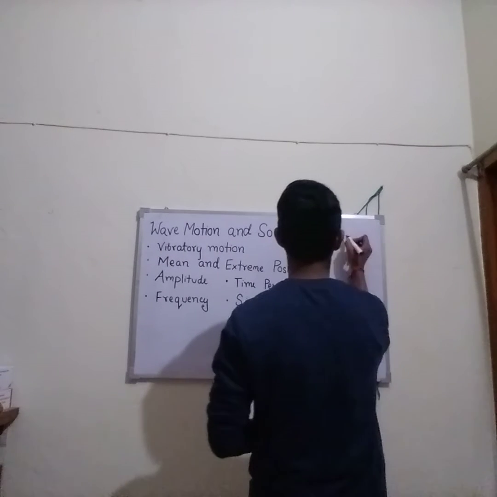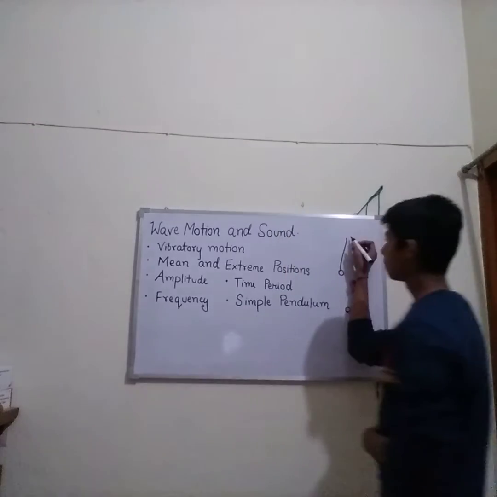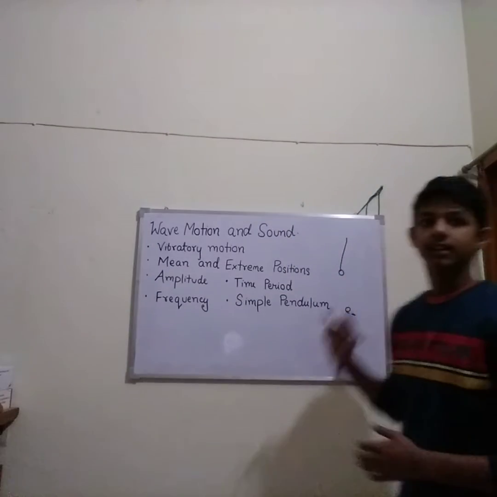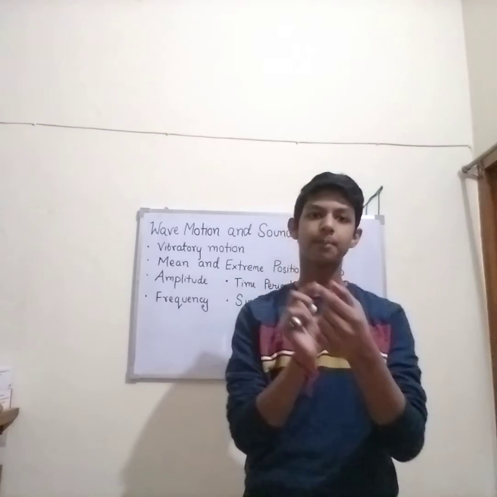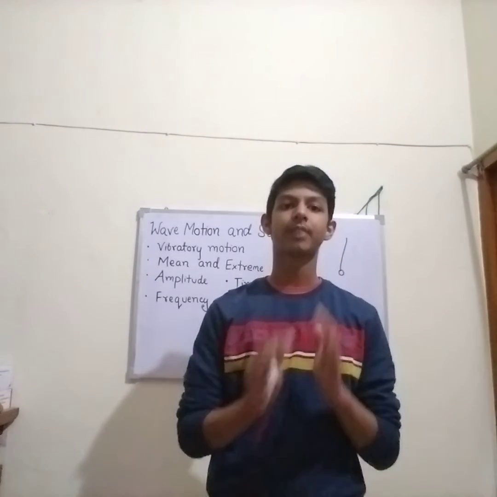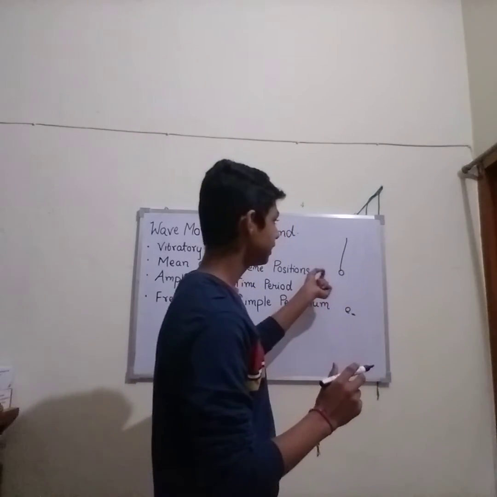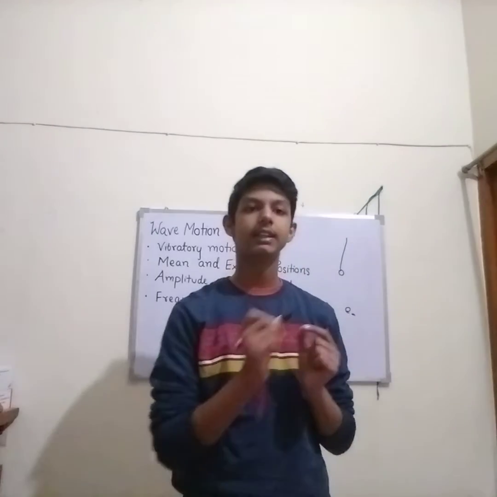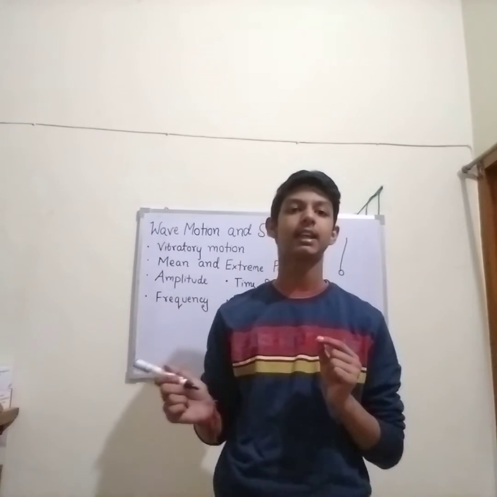A simple pendulum is a string and a bob, and suppose this string is fixed at the upper point and the bob is suspended from the string. Then if we tilt it and give a force towards any direction, it goes in both directions, firstly in one and secondly in another.